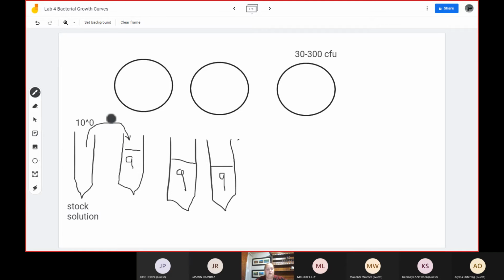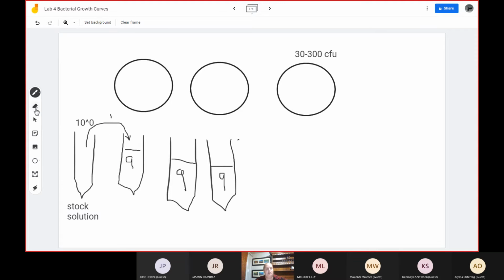So this is going to be adding 1 part of our solution to 9 parts of our dilution. So we're doing basically a 1 to 10 dilution. There's going to be 10 times less bacteria in this tube than in this tube, essentially.